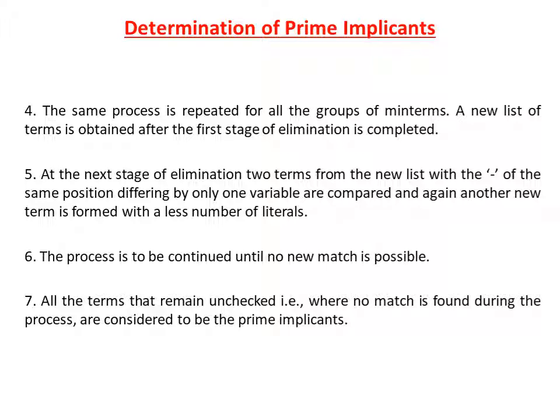At the next stage of elimination, two terms from the new list with a dash in the same position that differ by only one variable are compared, and again a new term is formed with fewer literals. This process is continued until no new match is possible.